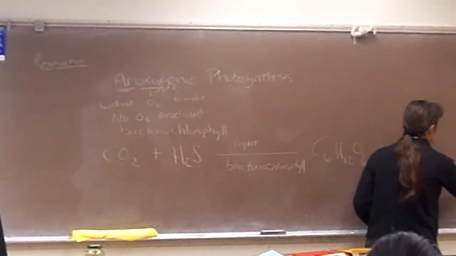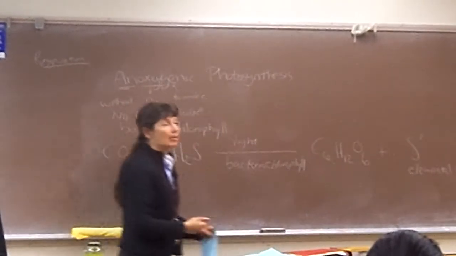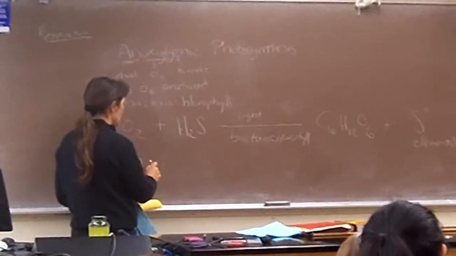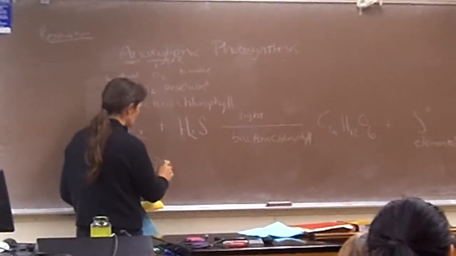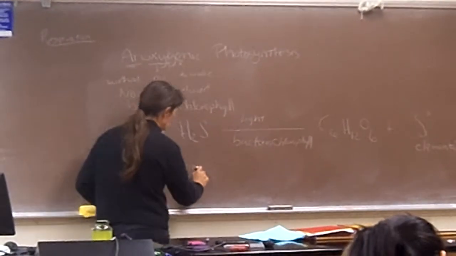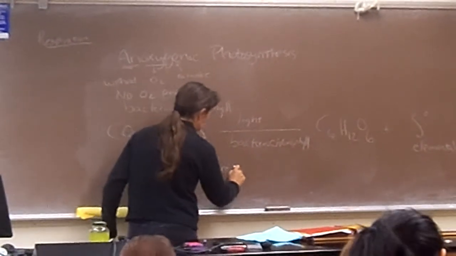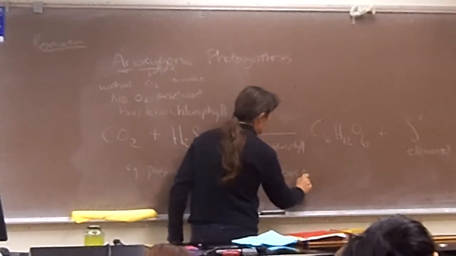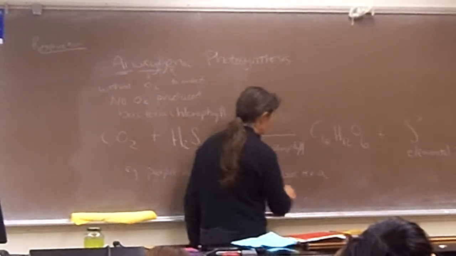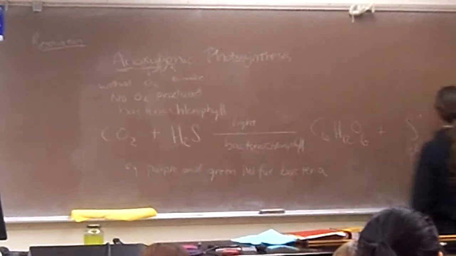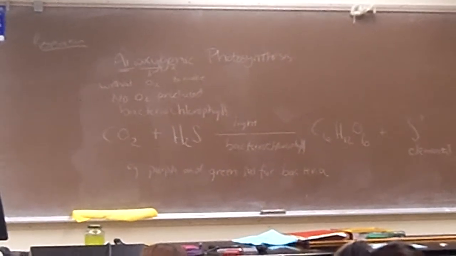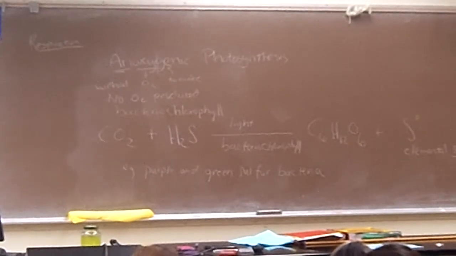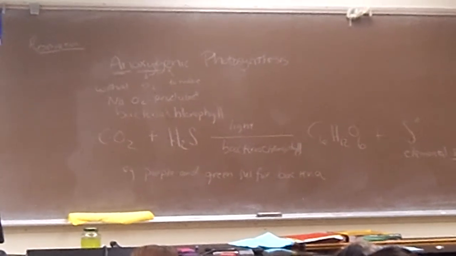And indeed, some of the bacteria that still carry out this primitive process include the purple and green sulfur bacteria. As they carry out photosynthesis, they accumulate sulfur in their cytoplasm, and you can actually see these little sulfur granules in their cytoplasm, part of the end product of anoxygenic photosynthesis.